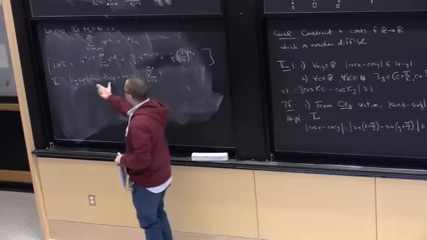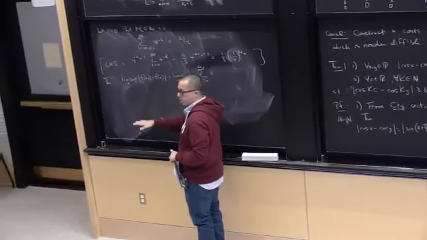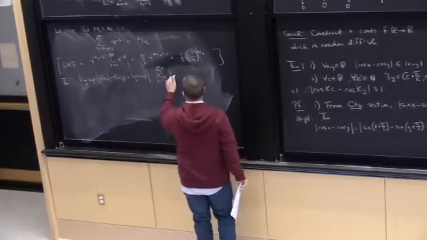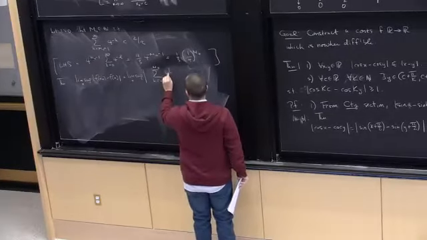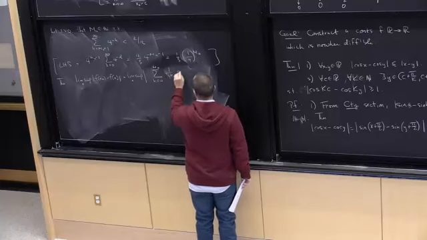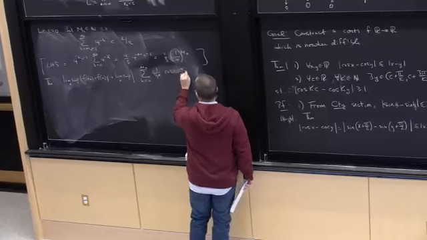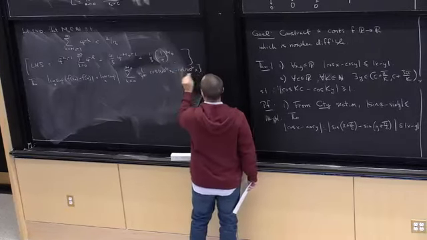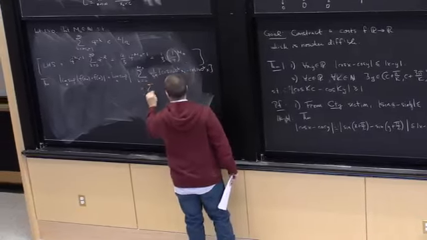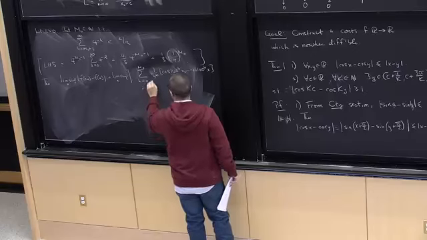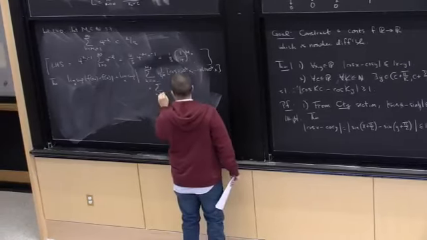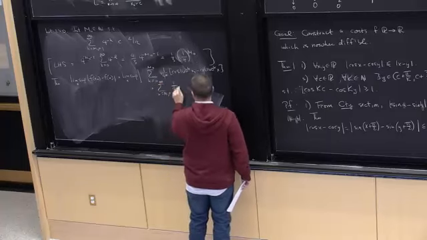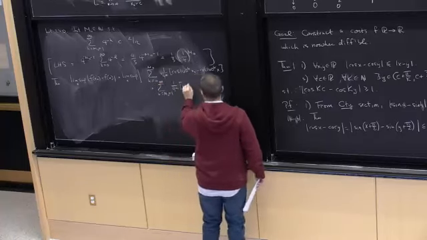Each of these is defined in terms of a sum, so I'm going to break the sum up into up to m0, and then everything past m0.